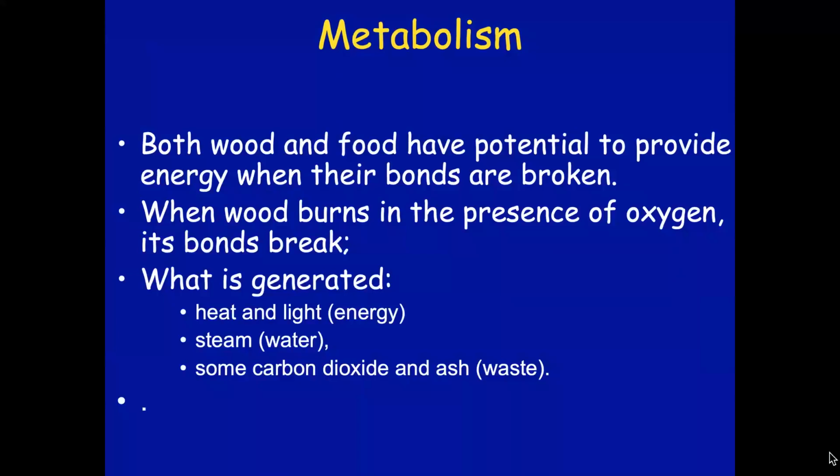Both wood and the food we eat have a lot of potential to provide energy when you're breaking those chemical bonds. When wood is burnt in the presence of oxygen, you will break the bonds. What's generated when you're burning wood? Heat and light, steam, and some carbon dioxide, as well as the waste that is known as ash.